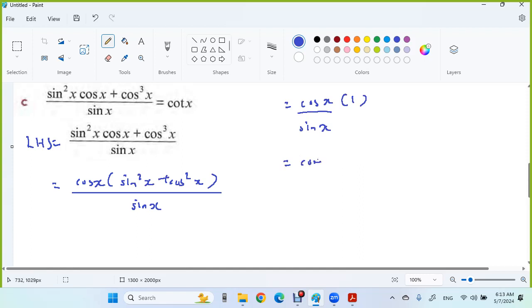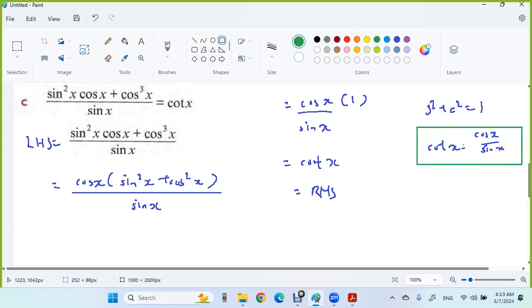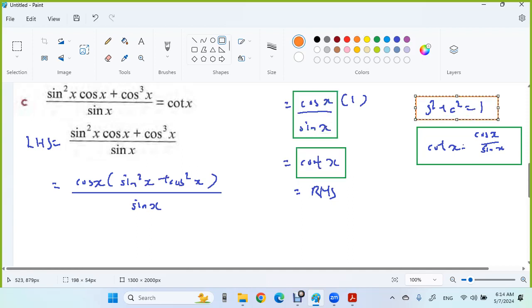Then this is cotangent x, that is the right hand side. So we know that the sine square plus cos square equal to 1, and then the cotangent x is cos over sine. So cotangent is cos over sine, and the sine square plus cos square equal to 1.